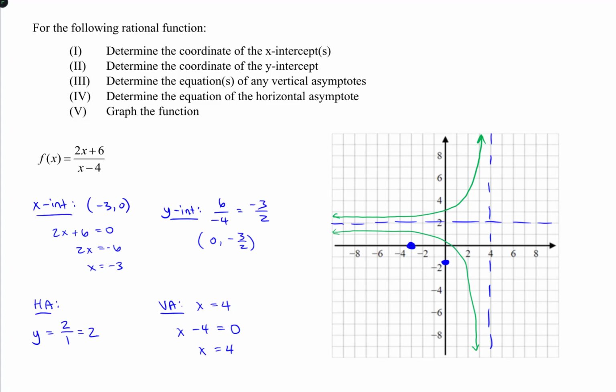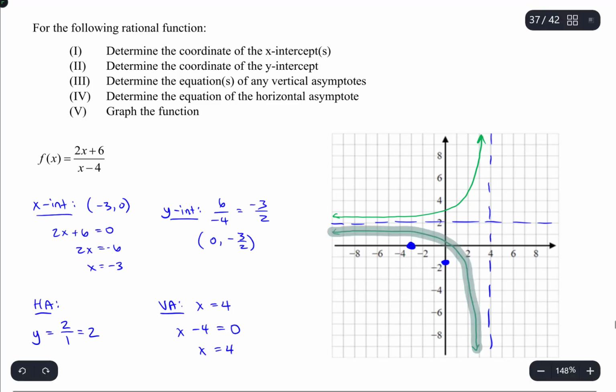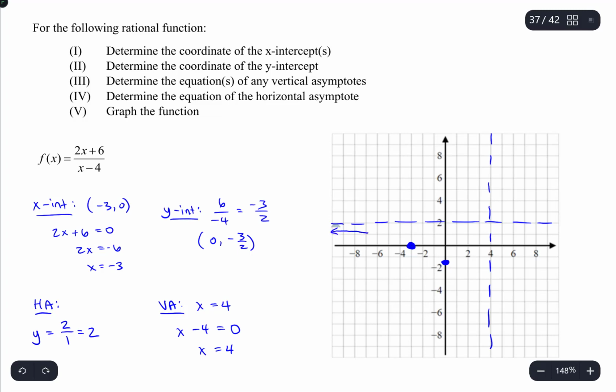So it has to eventually end up at this line, and it has to go to positive or negative infinity here. Well, because I have these 2 points already in this lower portion, that's telling me that the lower portion is the correct portion of this graph. So I'm just going to make sure it ends eventually here and passes through these points that are known.